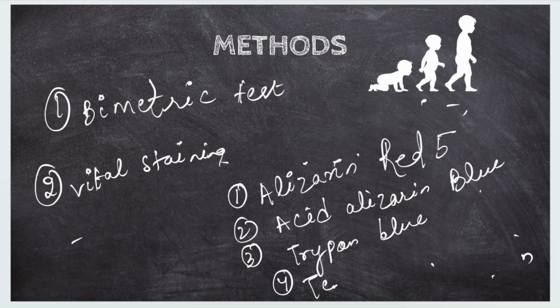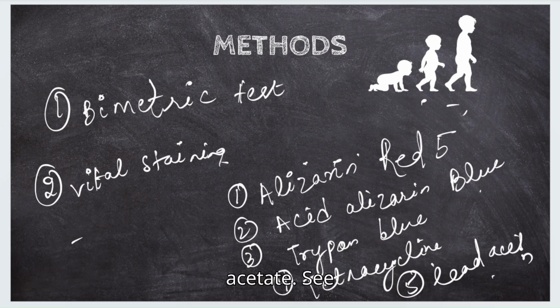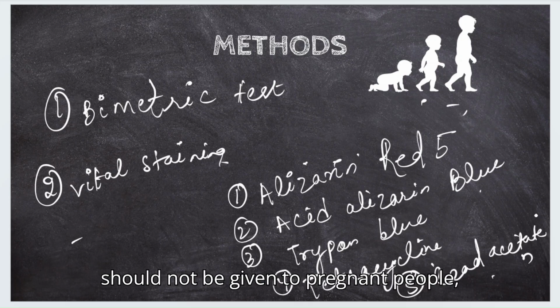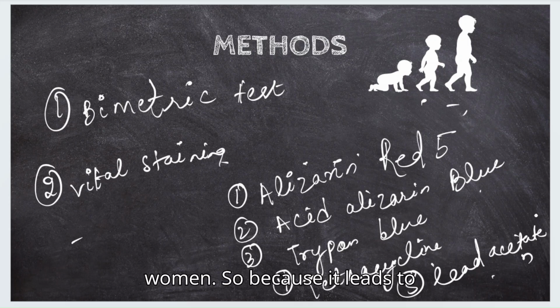Fourth is tetracycline. Fifth is lead acetate. See, tetracycline you must have read in pharmacology also, that tetracycline should not be given to pregnant women, because it leads to staining of the teeth. That is exactly what vital staining is. Understood?